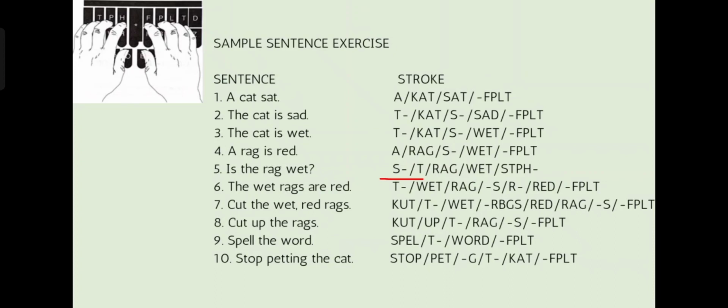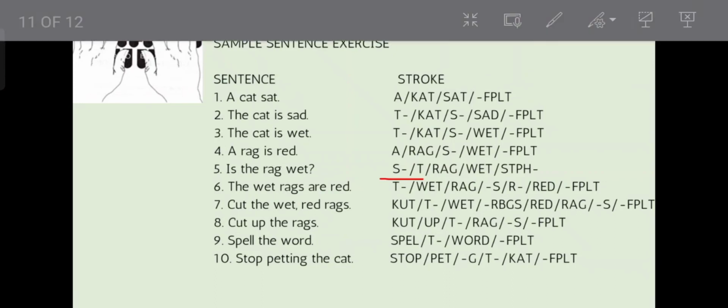There is no letter C on the keyboard, and since it's phonetic, following the sound, that's letter K, U, and T. So instead of C, that's letter K. So cut the wet red rugs. RBGS there is because this is a comma.